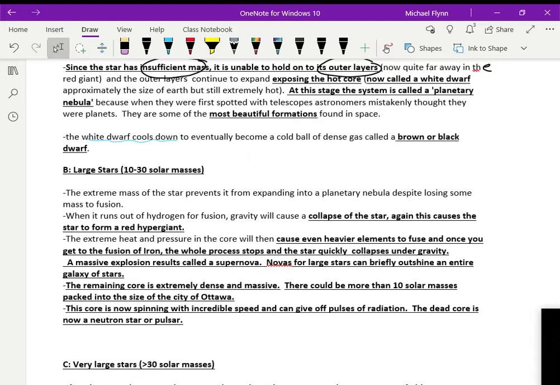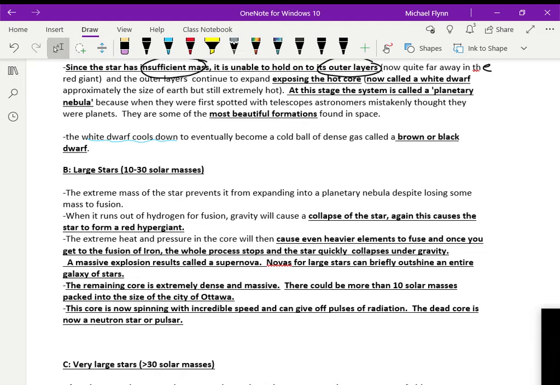It becomes a red giant at first, but it's so hot in the core of these heavy stars that you can get not only helium fusing, but even heavier elements, like iron and so on, like what we see in the rocks all around us. Remember I told you that's where Earth comes from, a heavy star that died? Well, this is where iron comes from. Iron and nickel make up all the rock and everything you see around you.